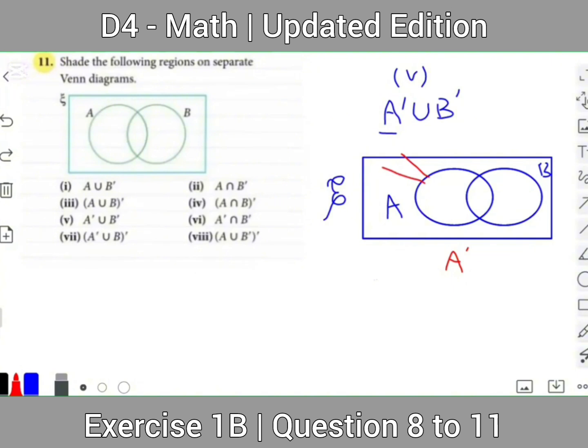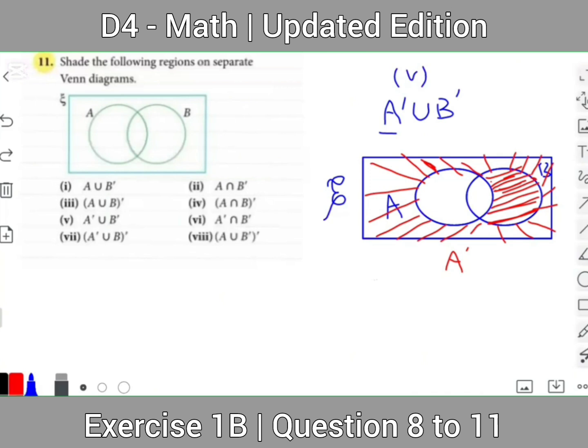So we will shade the region of set eta and the region that represents the set B, excluding the set A. So this is the Venn diagram representation for A complement.